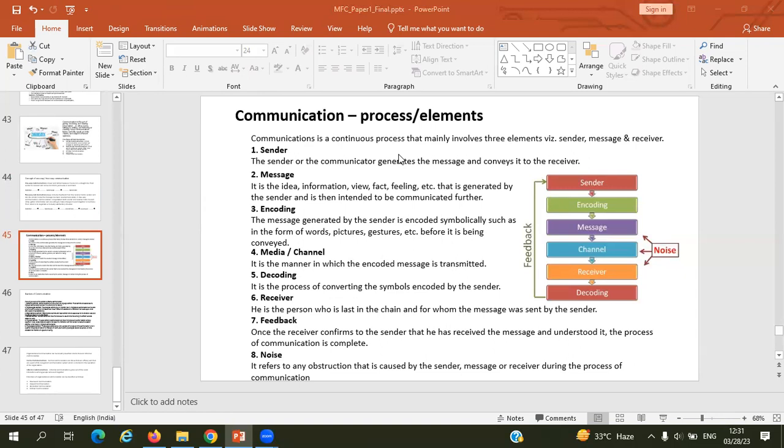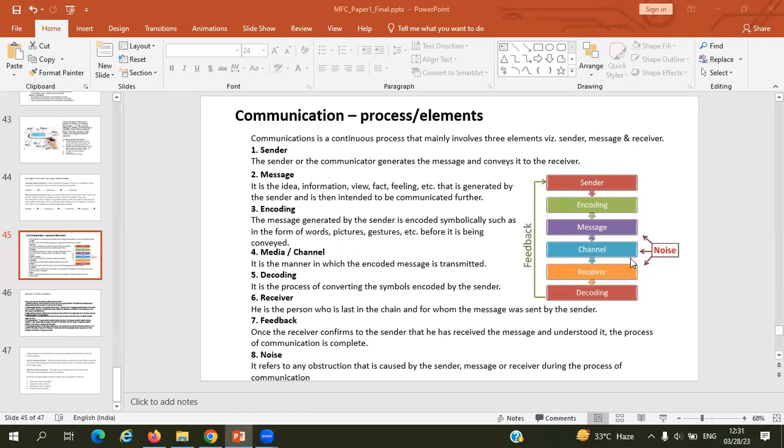This is the process of communication. So you can see this diagram or this picture given on the right side. The flow is coming from top to bottom: sender, then the message is coming in an encoding form, then the message goes through the channel, and the noise is created between the channel and the receiver.